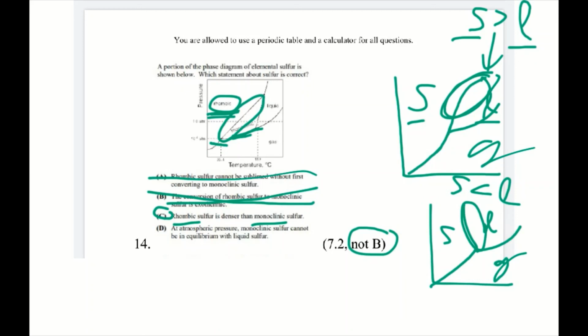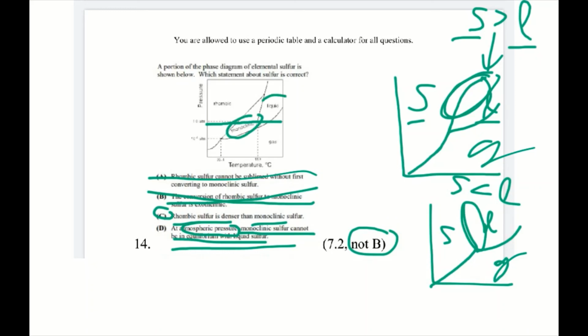D says that at 1 atmosphere of pressure, or atmospheric pressure, monoclinic sulfur cannot be in equilibrium with liquid sulfur. Let's take a look. At 1 atm, which is over here, is that true? Monoclinic is here, and liquid is here.